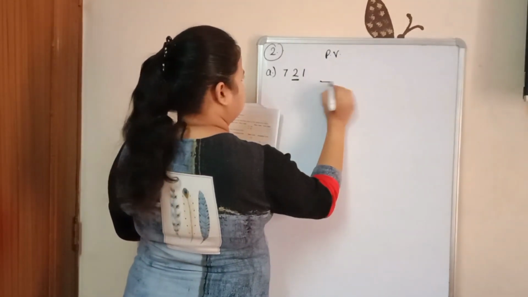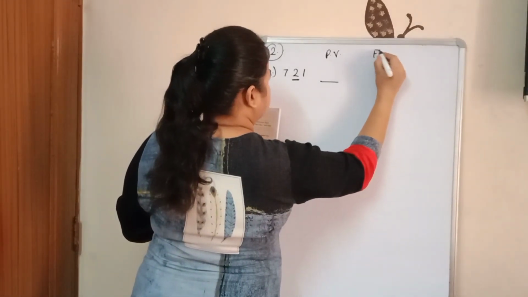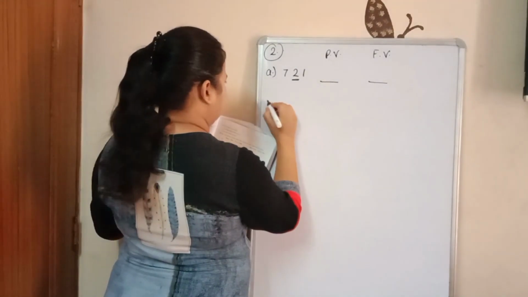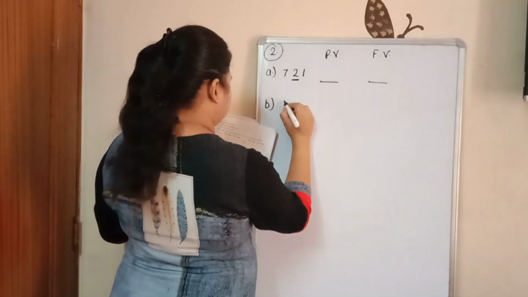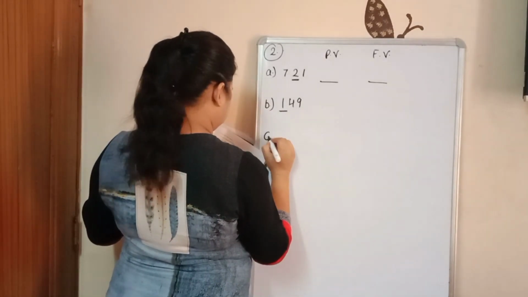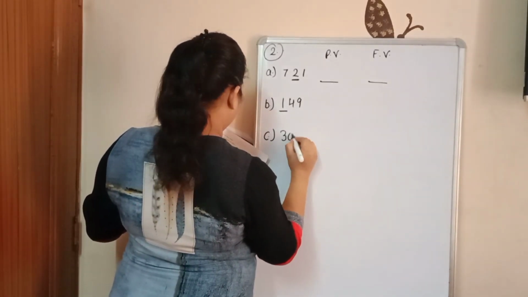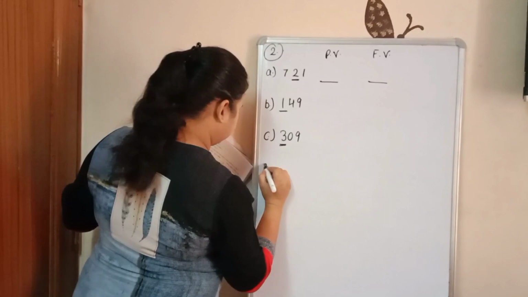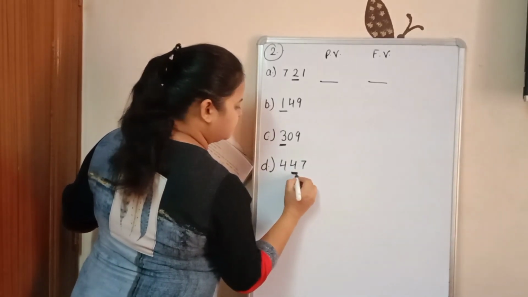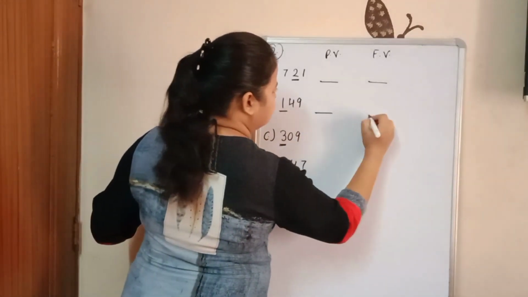In the first column we have to write place value, and in the second column we have to write face value. B: 149, and 1 is underlined here. In sum C, 309, 3 is underlined. D: 447, and this 4 in the middle is underlined.